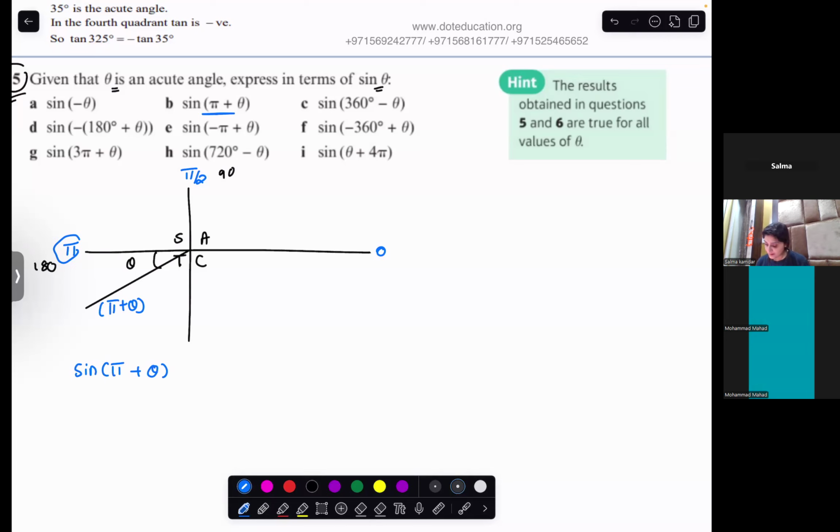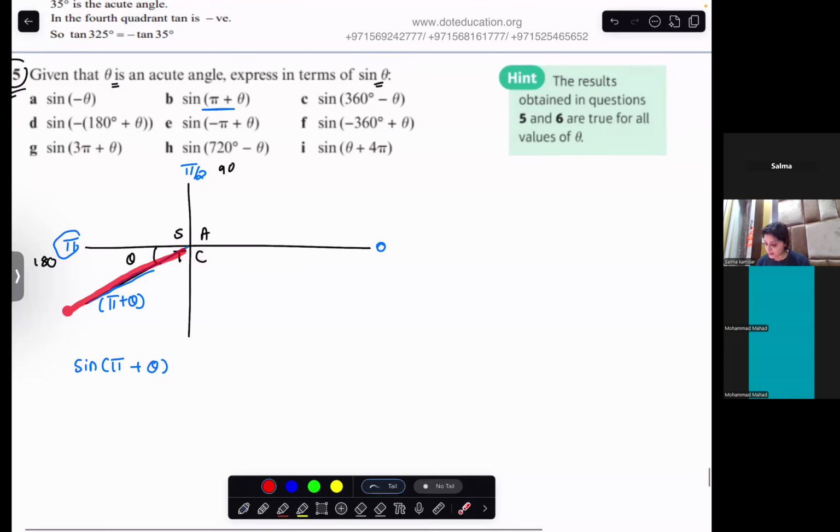I want the acute angle around the x-axis, so this would be my acute angle, which is theta. Is the sine positive over here? No, it's minus. So sine of pi plus theta is equal to minus sine theta.